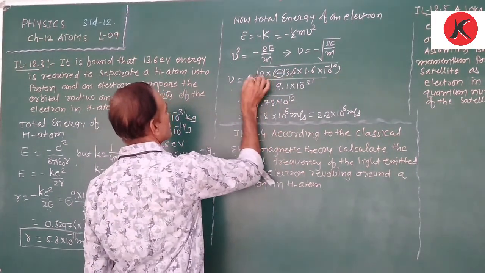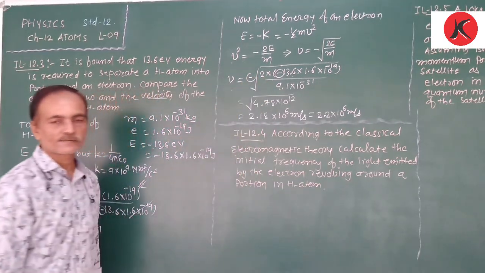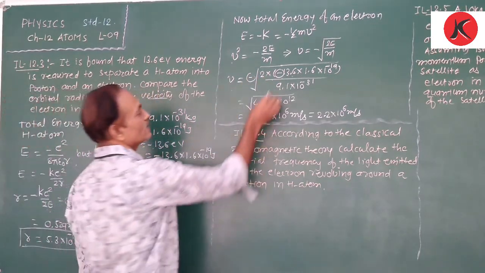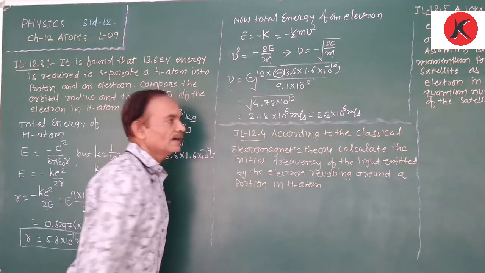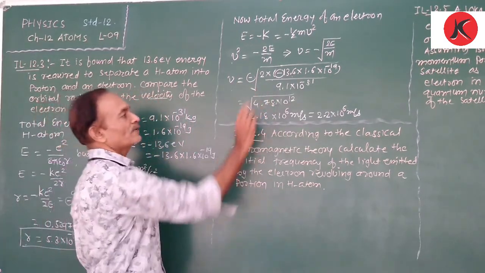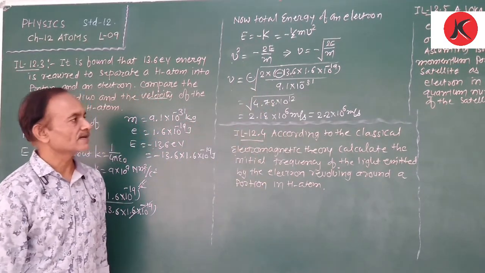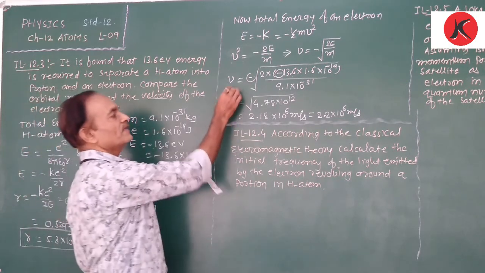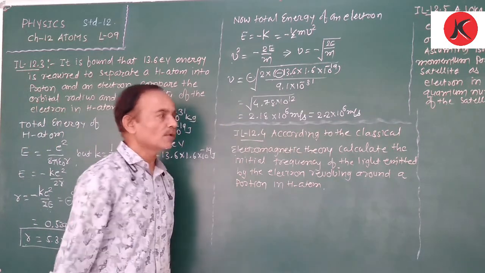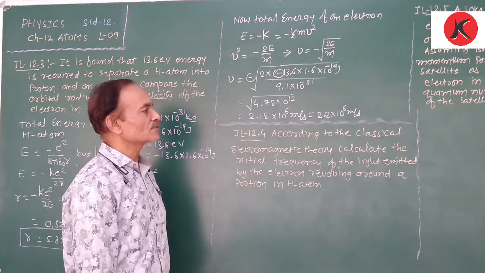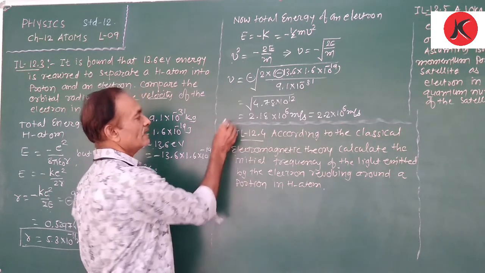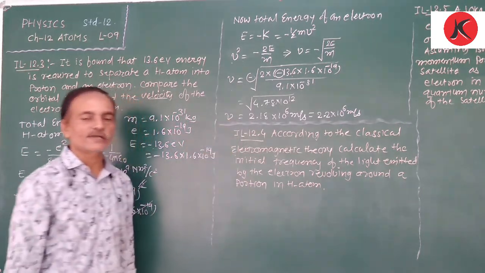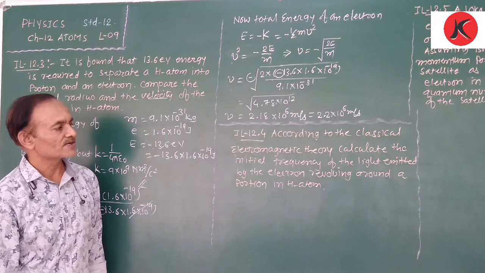This negative becomes positive. And divided by 9.1 into 10 raised to minus 31. Therefore, we obtain v is equal to under root of 4.78 into 10 raised to 20. And the final value of v is 2.2 into 10 raised to 6 meter per second.